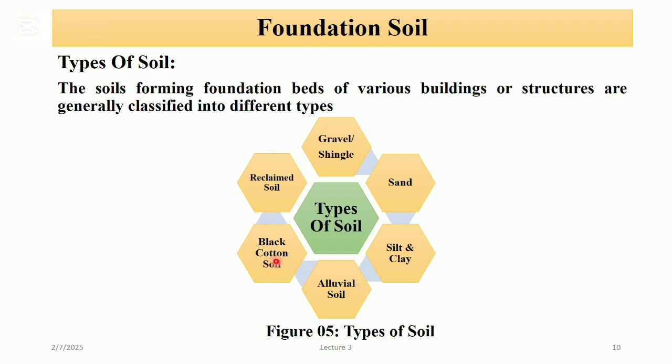It is also called peat soil, and black cotton soil is not suitable for foundation. It is undesirable. Reclaimed soil. This is also known as made-up soil, and this type of soil consists of ballast or brickbats, ashes, refuse, old iron pieces, etc., used for filling low-lying areas. This type of soil is also not suitable for foundation.